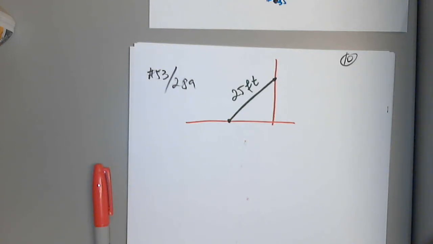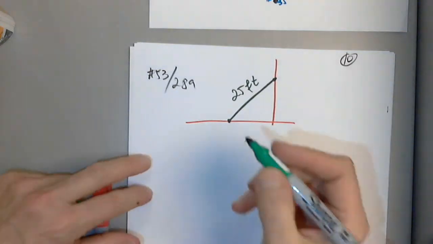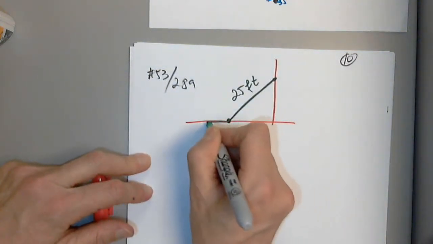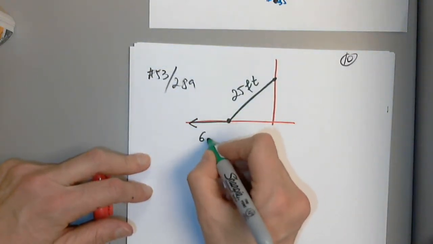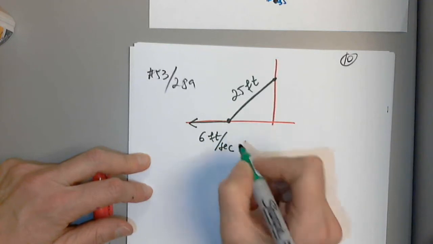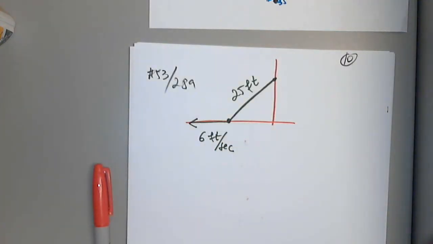If the bottom moves away from the wall at the rate of 6 feet per second, so this point slides away at the rate of 6 feet per second. I'll ask you in a moment what that means, but let's read on. We have to write what this is in a minute.